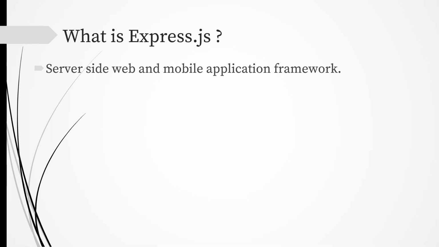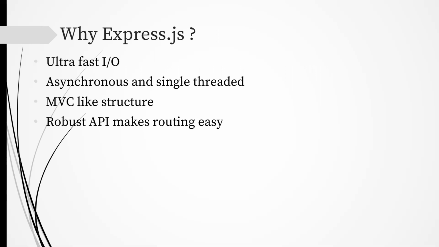The next is, what is Express.js? Express.js is a server-side web and mobile application framework. Why do we use Express.js? It has ultra-fast input-output, and is asynchronous and single-threaded. It has an MVC-like structure. MVC means Model View Controller-like structure. It has a robust API and makes routing easy.